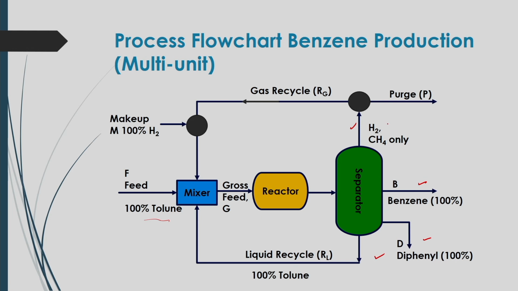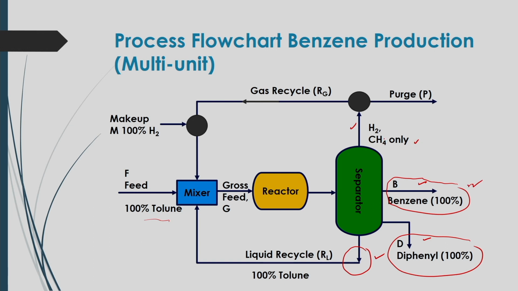One output will give you H2 and methane, one output will be 100% benzene, another output will be a byproduct like diphenyl, and another output will be considered for the liquid recycle of this toluene. So, based on this we can say that whatever the output of this reactor is, that will be the input of this separator, and the output will be more than one, as shown in this slide.